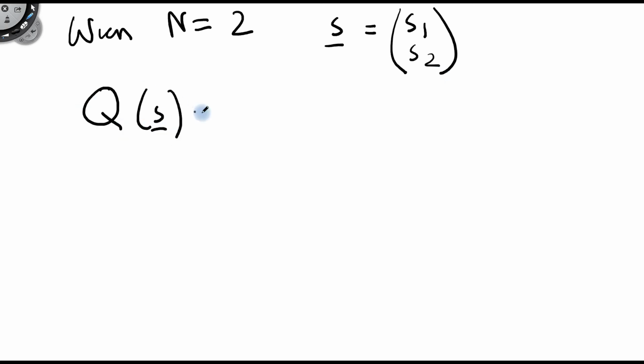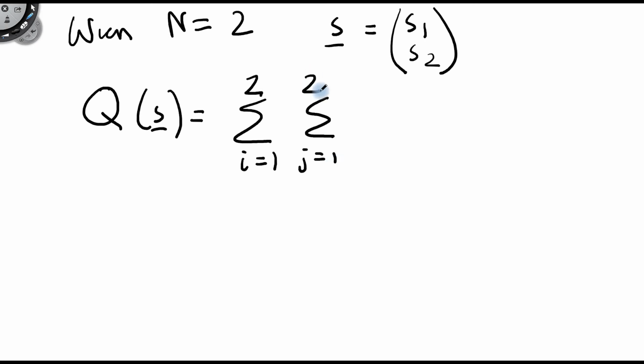So when n equals 2, then our search vector s is just a two-component vector. And then our Q of s, which was a summation over i is 1 to n, but of course n now is 2, and then j equals 1 to m, which is 2, s_i s_j d2f dx_i dx_j.